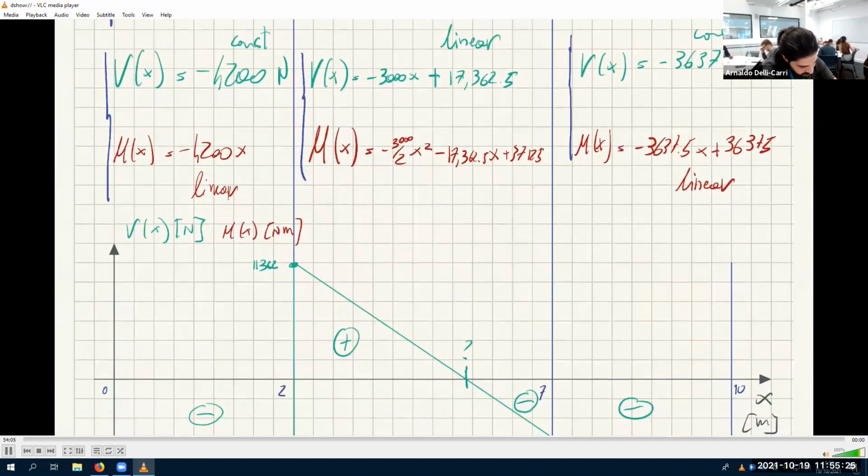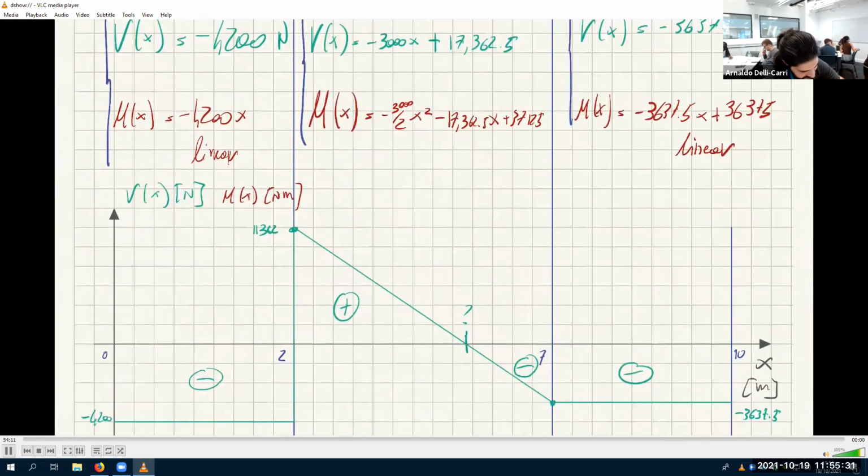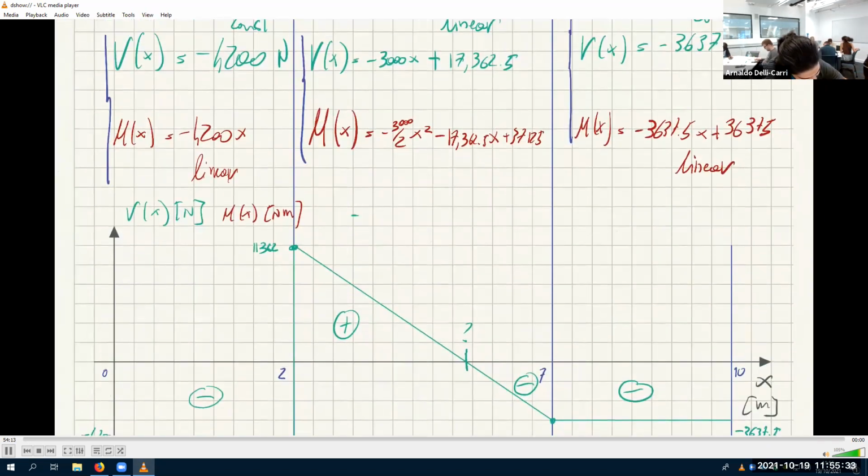So we are in segment 2. We take this v of x, put it equal to 0, and find out where x is. So minus 3000x plus 17,362.5 equals 0. That means that x equals 17,362.5 divided by 3000.